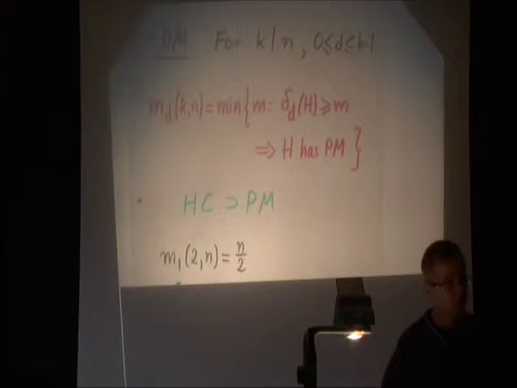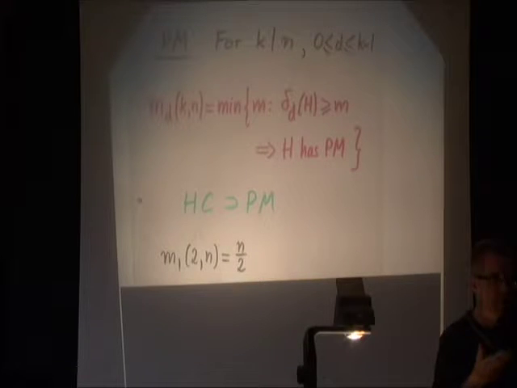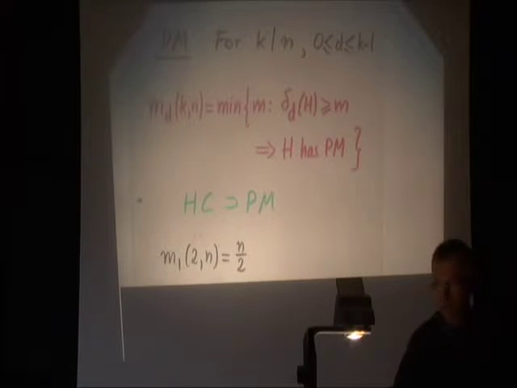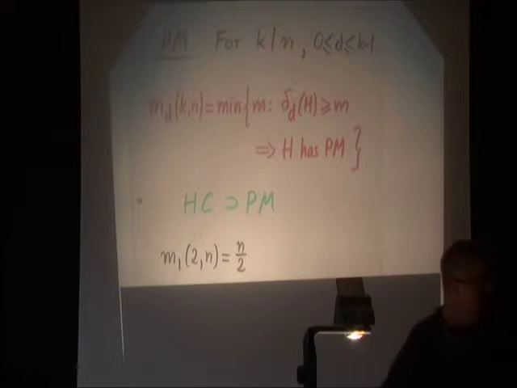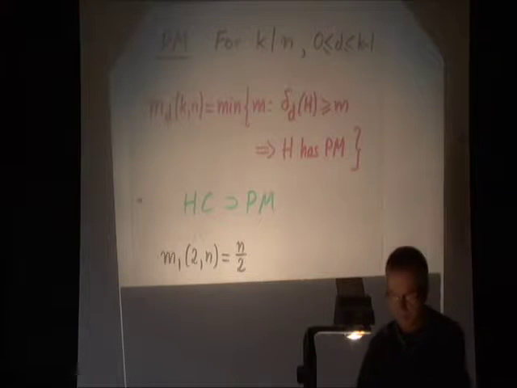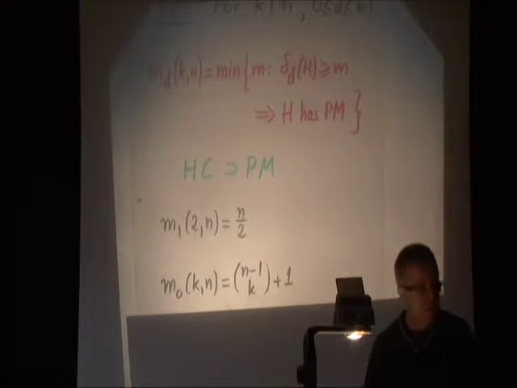So this is just for graphs, k equal to 2, and minimum degree at least n/2. Oh, I forgot to say that this Dirac is optimal in the sense that you can find graphs with just one less minimum degree, which don't contain perfect matchings or Hamilton cycles either. But it's easy.